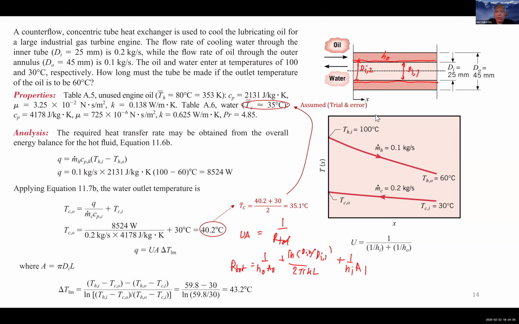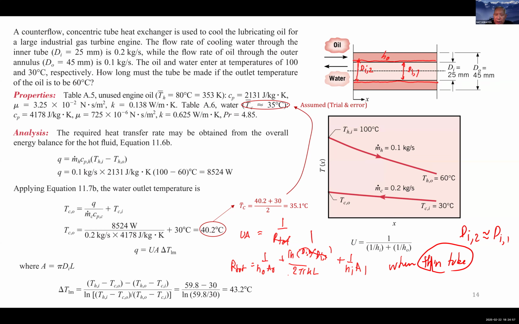So it's safe to assume that it is a thin tube, meaning that di2 is approximately equal to di1 because it's thin. When it's thin, this ratio goes to 1, and natural log of 1 equals 0.